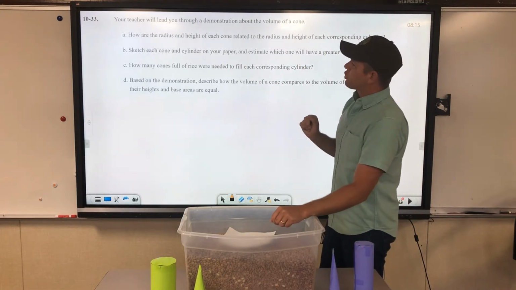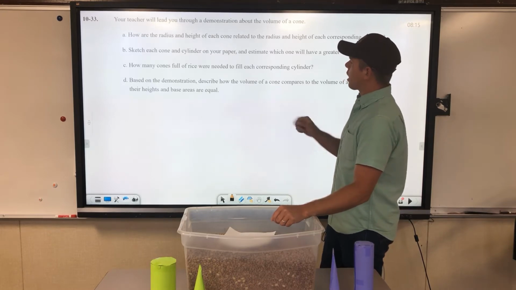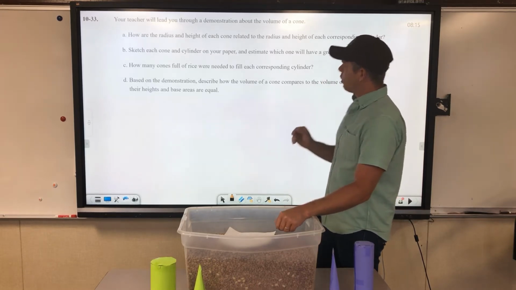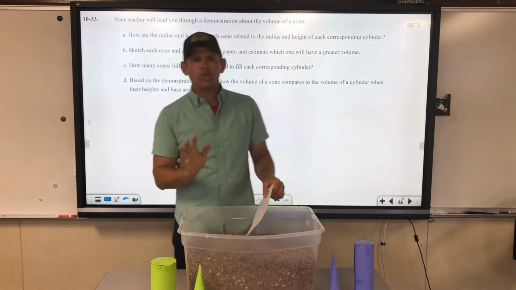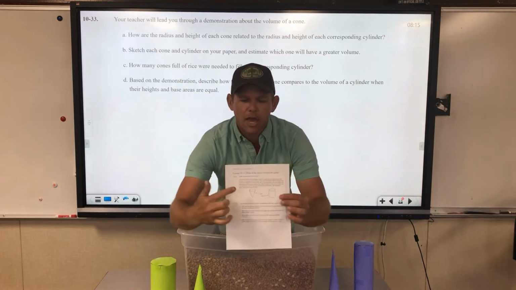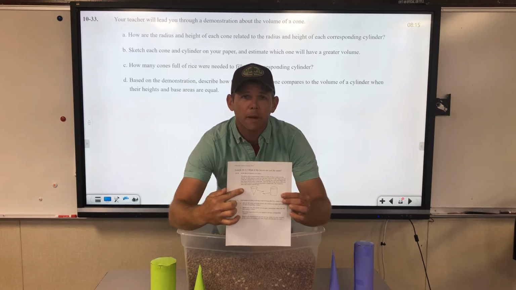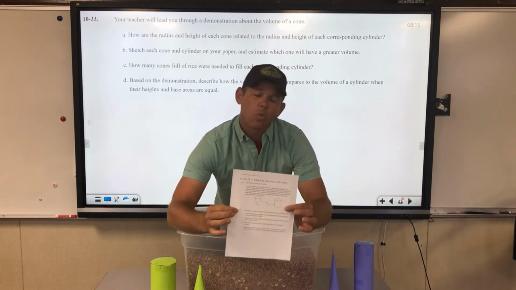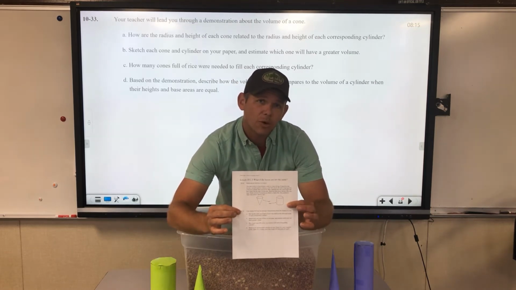B: sketch each cone and cylinder on your paper and estimate which one will have a greater volume. You don't need to sketch this because you already have a cone and cylinder here on your paper. Which do you think is going to have a greater volume?